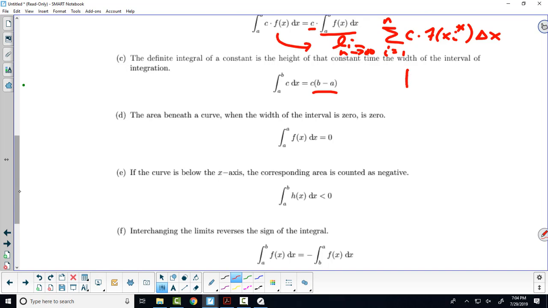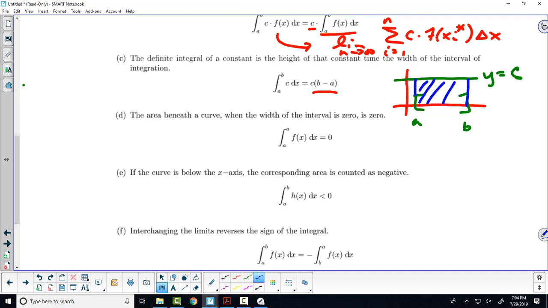Specifically, if this is my curve y equals c, and I'm asking you to find the area between a and b, what is the area of this region? It's just the area of that rectangle. How do you find the area of a rectangle? You would take its height, which is c, and multiply it by its width. Well, what's its width? b minus a. So from here on out, when you see an expression like this in this chapter, I want you to think of it as just the area of a rectangle. It is a height times a base.